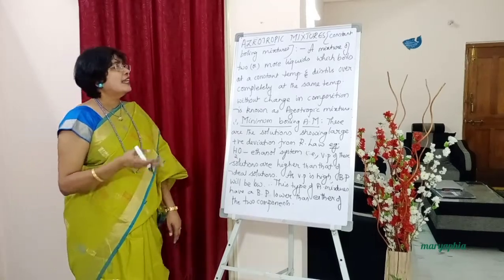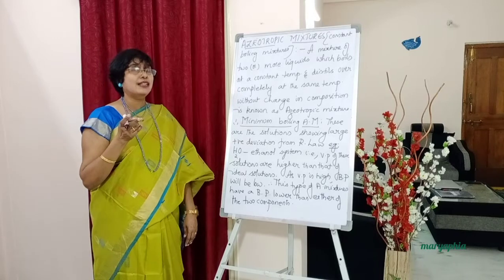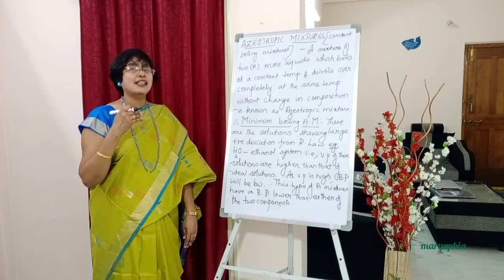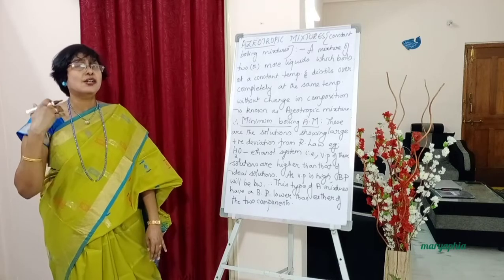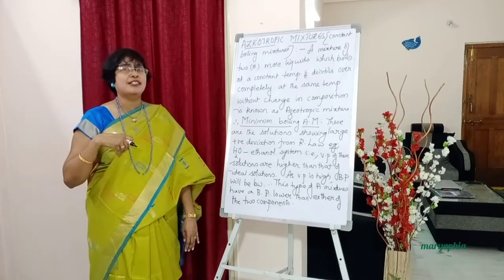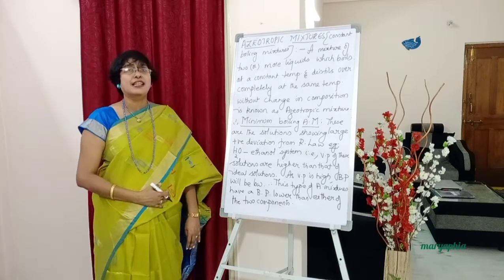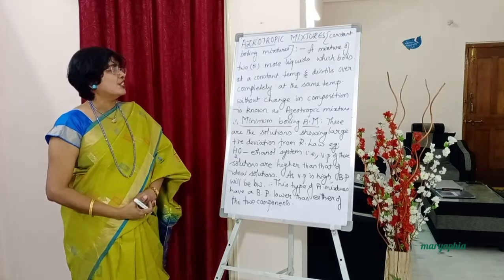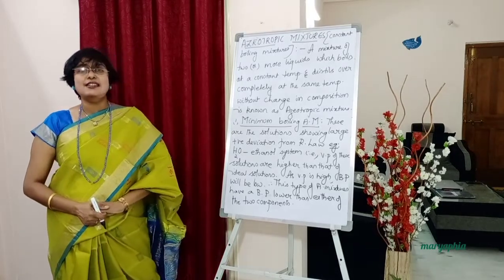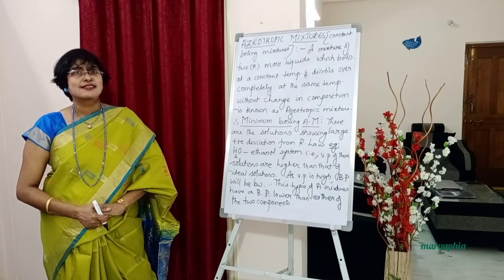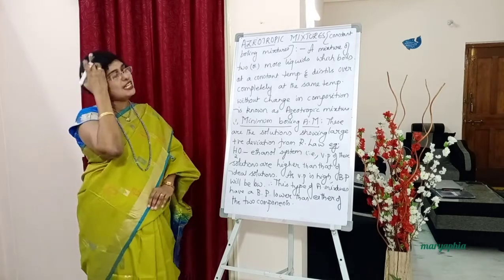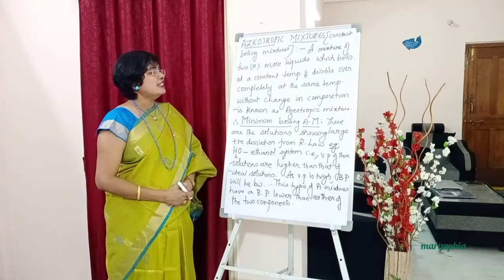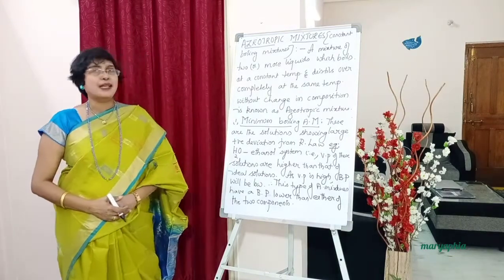Look here. A mixture of two or more liquids which boils at a constant temperature, and also distills over completely, which is getting purified at the same temperature without change in composition, is known as azeotropic mixture.